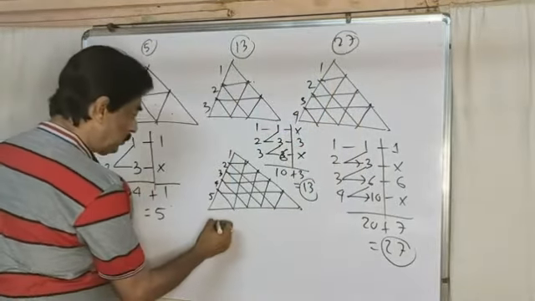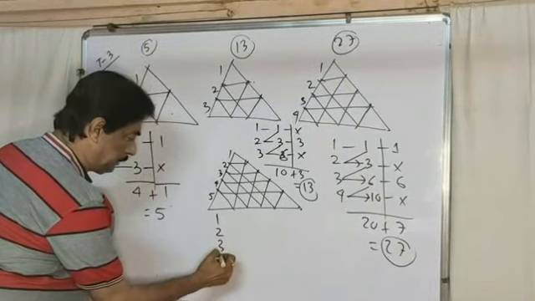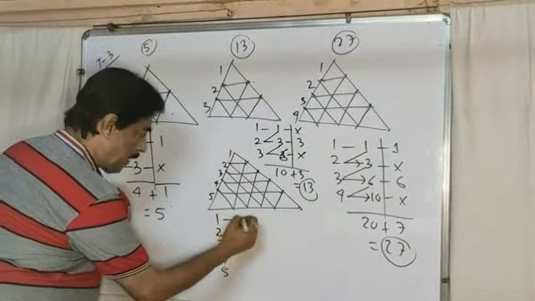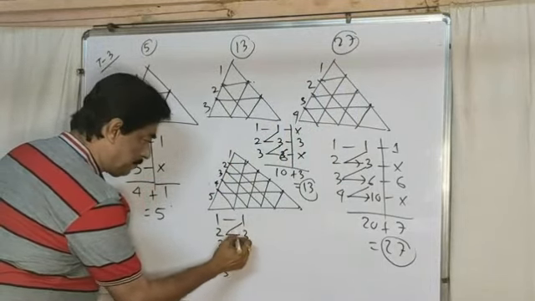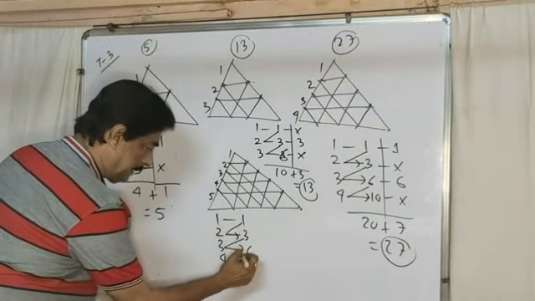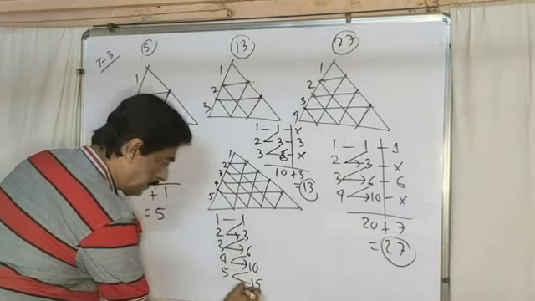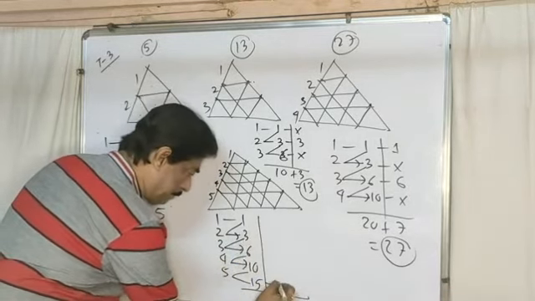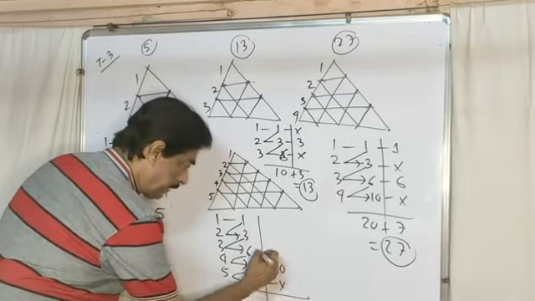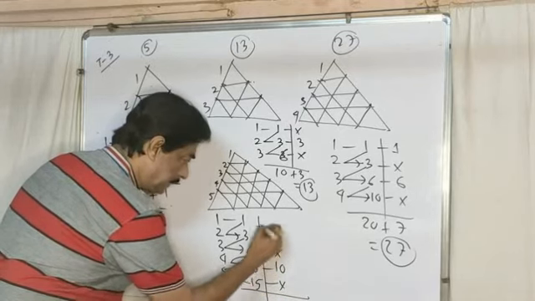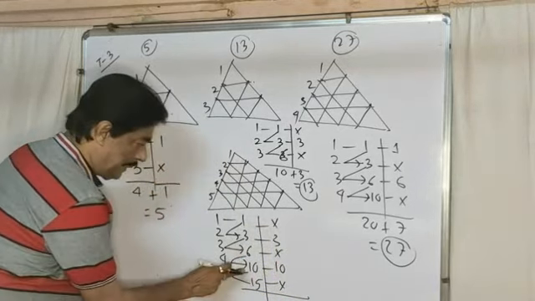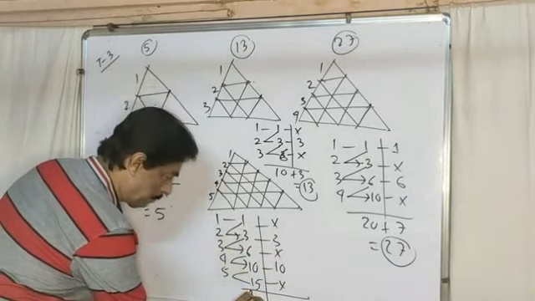Next case. 1, 2, 3, 4 and 5. 1, copy 1. 1 plus 2 is a 3. 3 plus 3 is a 6. 6 plus 4 is a 10. 10 plus 5 is a 15. Now, skip, copy, skip, copy, skip. So if I add, this is 20, 35.